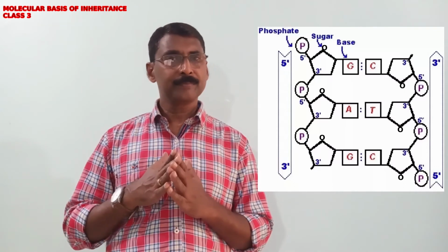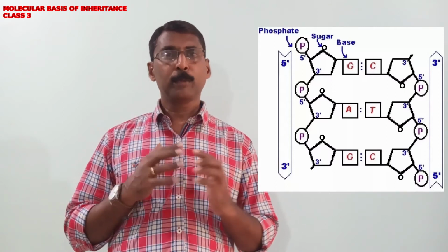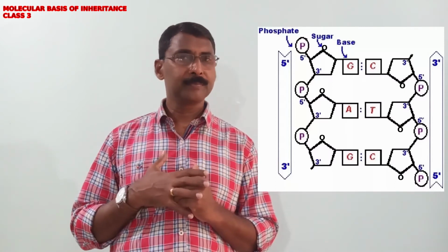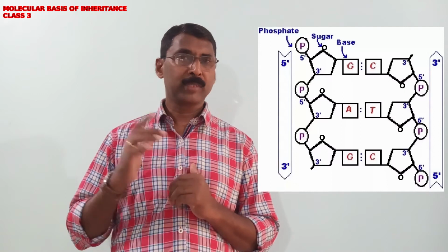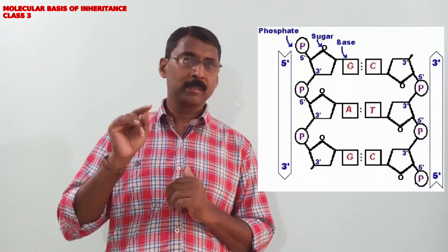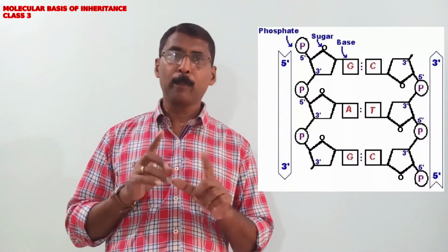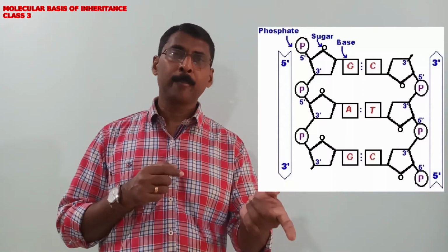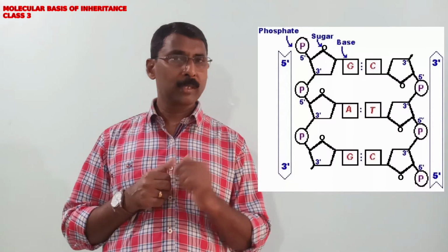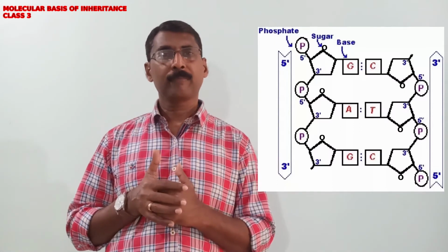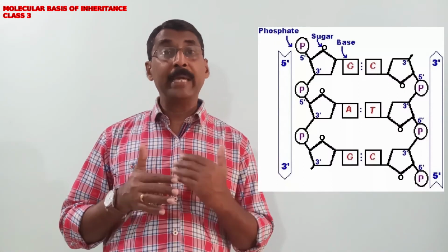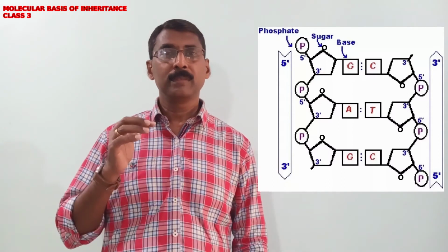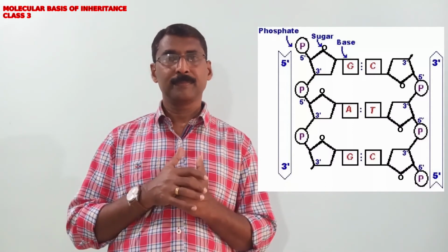As a result, the position of the carbon atoms changes. The first carbon atom of the sugar molecule of one strand faces the first carbon atom of the sugar of the opposite strand, and the polarity also reverses.